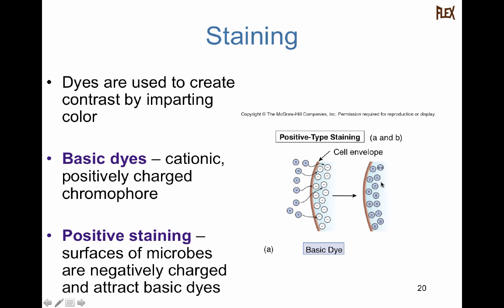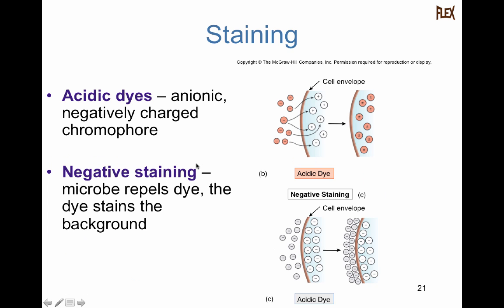If you're doing a Gram stain, for example, it's either going to come out pink or purple. You will actually see the outline of the cell pink or purple, because the primary stain in the Gram stain is a cationic dye. This is in contrast to an anionic dye, which is an acidic dye that will produce a negative staining result.